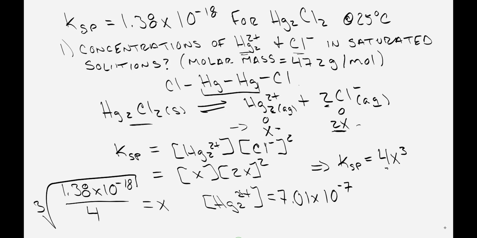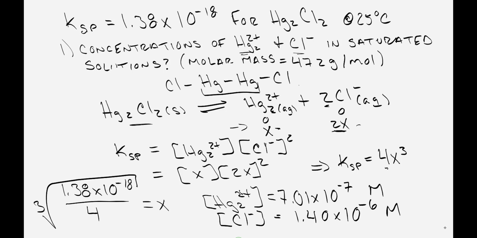Now, my chlorine ion, that's going to be 2 times x, so 2 times this value will give me my chlorine. And that will be 1.40 times 10 to the negative 6. So those are my 2 concentrations of those 2 ions in this fully saturated solution.